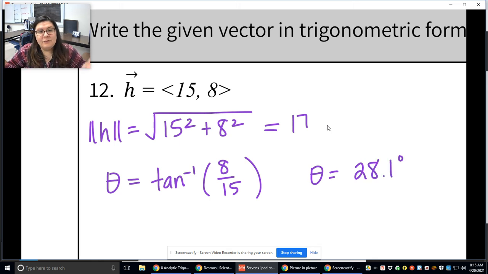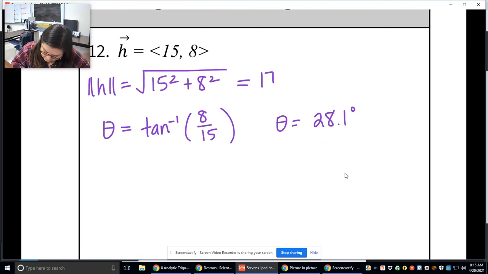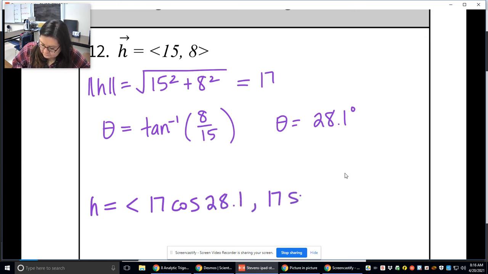Okay, so I have magnitude, I have direction. I can write this in trigonometric form. So h is equal to 17 cosine of 28.1, comma, 17 sine of 28.1.